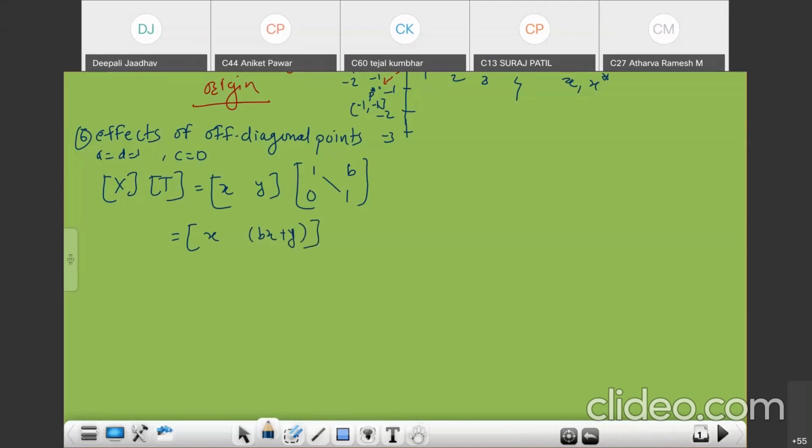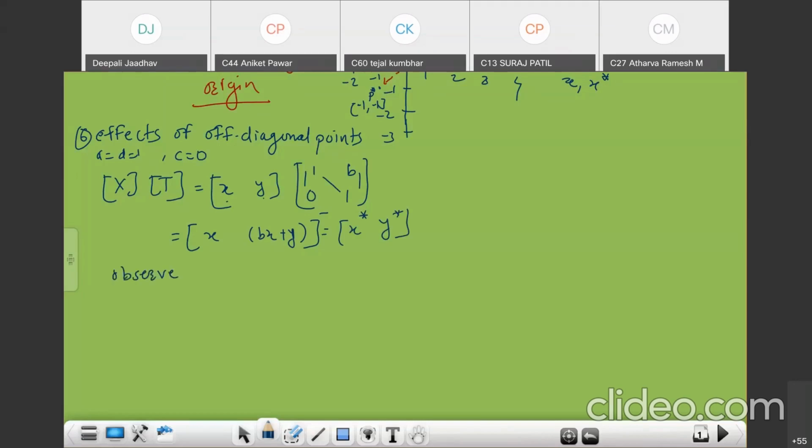See once again, here we consider the diagonal points equal to 1 and the off diagonal point effect where B has some value and C is equal to 0. When we multiply it with the original coordinates x and y, this row multiplied with the first column and then the second column, we get x and Bx plus y as the new coordinates x star and y star. What do we observe here?